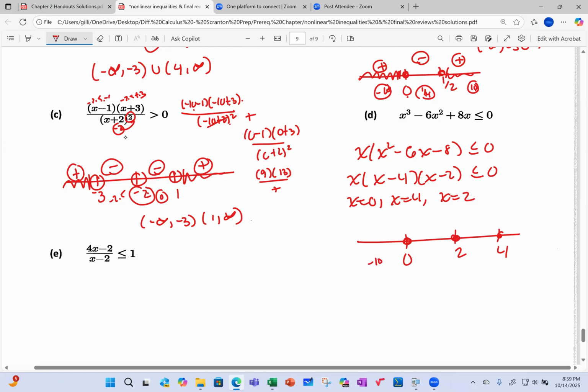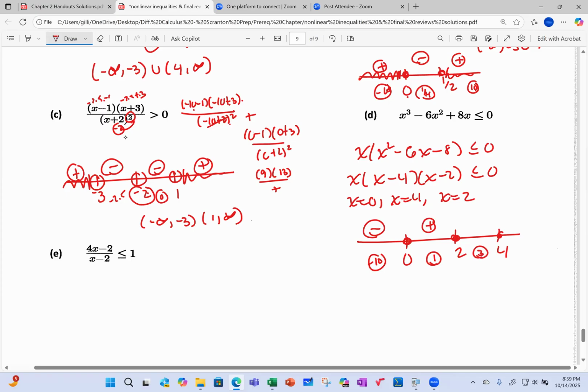If I pick negative 10, I'll get a negative 10 times a negative 14 times a negative 12. An odd number of negatives multiplied is a negative. If I pick 1, I'll get a positive 1 times 1 minus 4 is negative 3, and 1 minus 2 is a negative 1, and a negative times a negative is a positive.